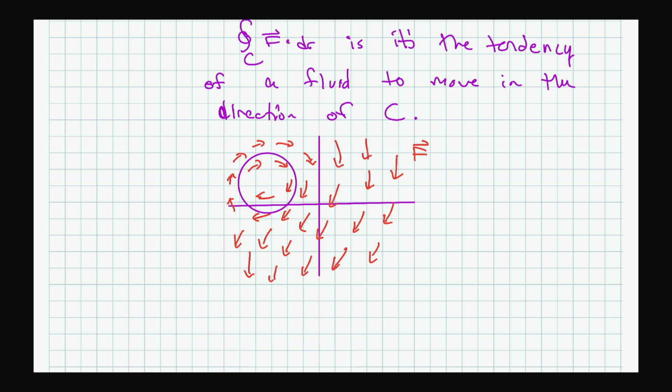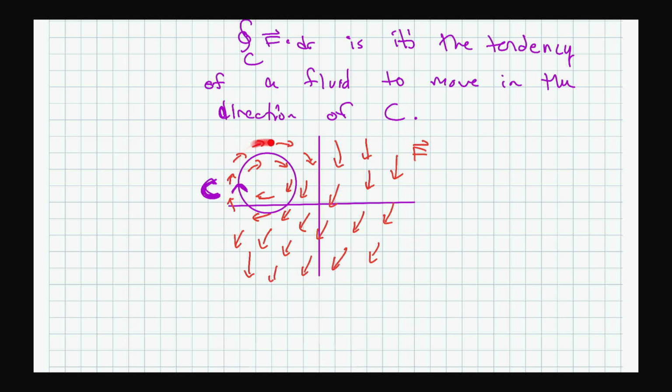It doesn't have to be a circle, but if you put a circle in there, then you can kind of see what's going on here. I drew the vector field lines as sort of going around clockwise, right? And also the curve here is going around clockwise.